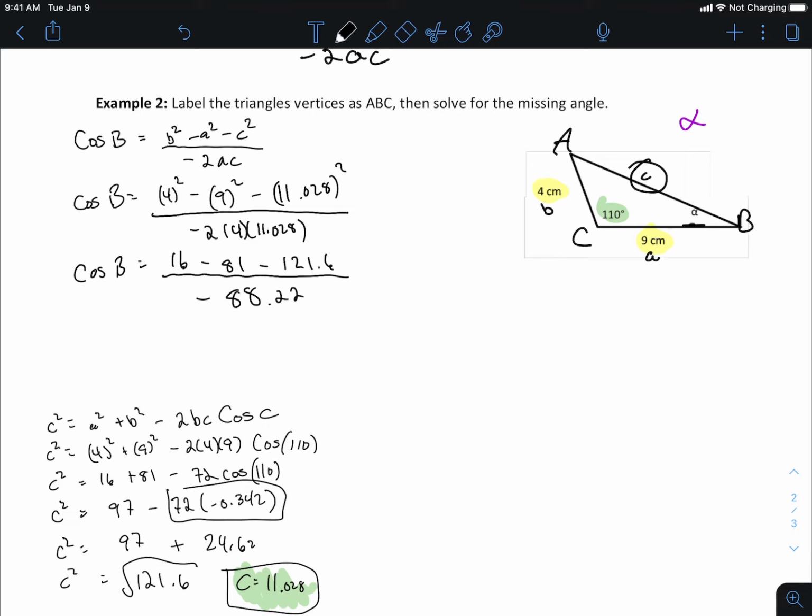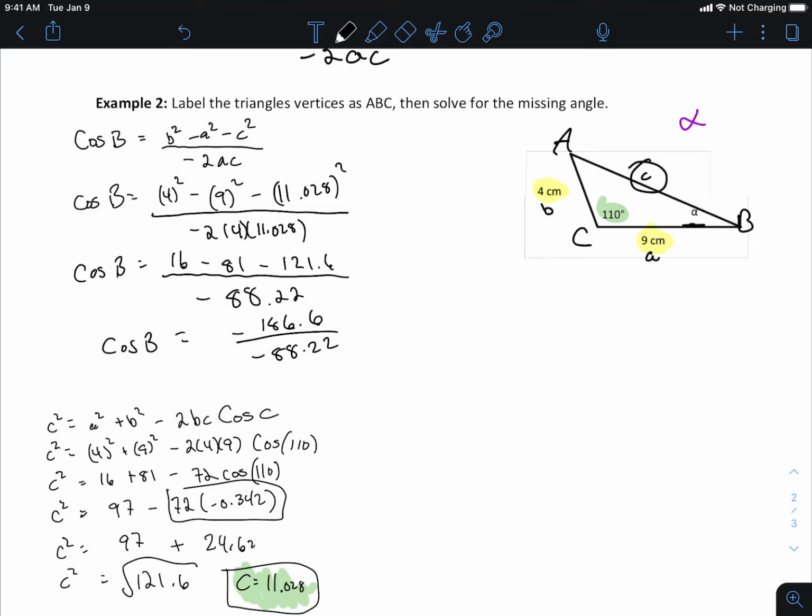Then we just have to do the math. We just need a number on the right side so that we can go to our table and find the angle. And that's it. Question's over. Okay. So the cosine of B is equal to 16 minus 81, which should be negative 65, minus 121.6, negative 186.6, divided by negative 88.22.